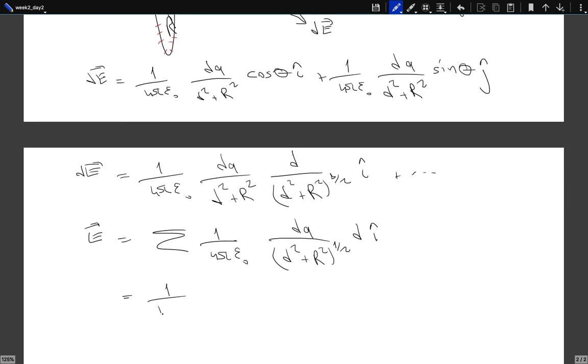This is equal to 1 over 4 pi epsilon 0, d over d squared plus r squared to the power 3/2, times the sum over dq, in the I direction. Well, dq is the charge of one of the segments. I am summing all the charges of the segments, but that would give me just the total charge of the ring. This is just the total charge.